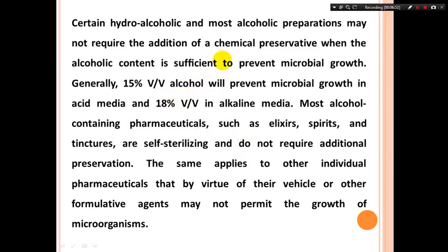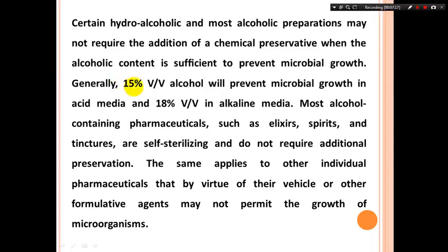Preparations that contain alcohol or hydroalcoholic constituents are not required to have a chemical preservative because they preserve themselves.